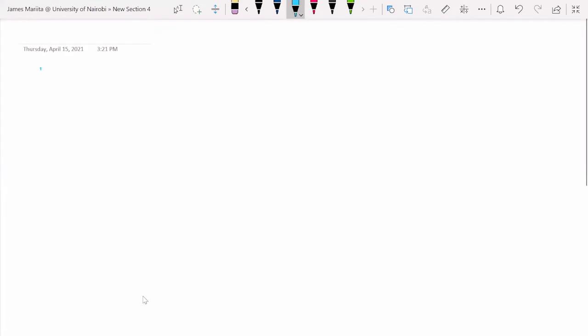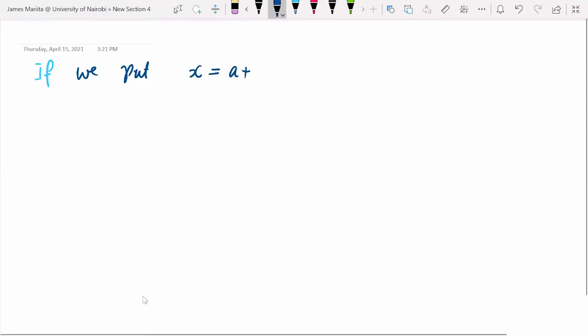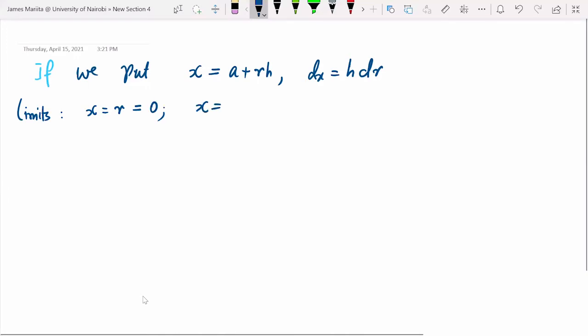So if we put x equal to a plus rh, so that dx is equal to h dr, and of course we have the limits as x equals a to x equals a plus h, and of course r in this case is equal to 1.